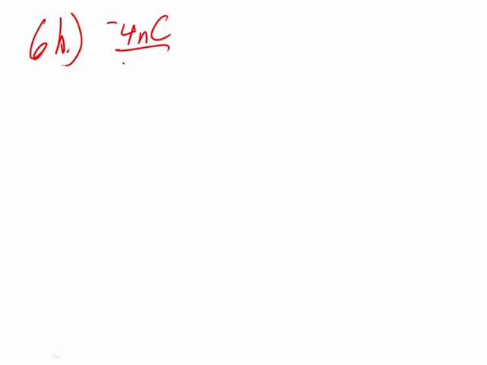And we know that one electron or one proton has a value, and since it's electrons, we'll put a negative on that. 1.6 times 10 to the negative 19th coulombs, okay? And that's coulombs per electron, okay?